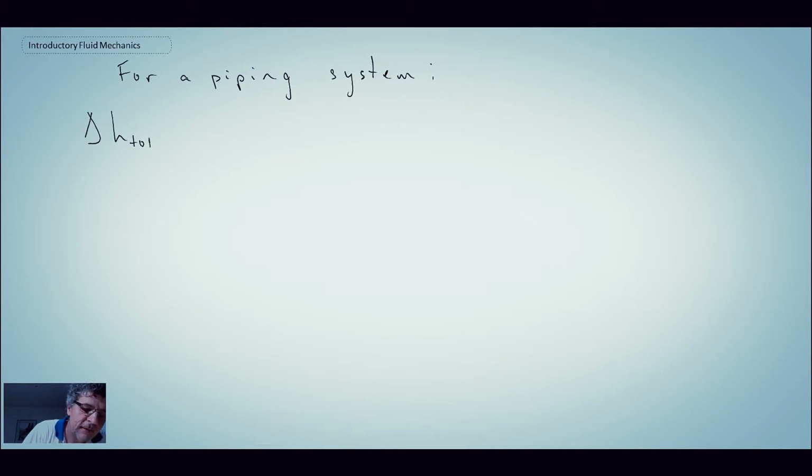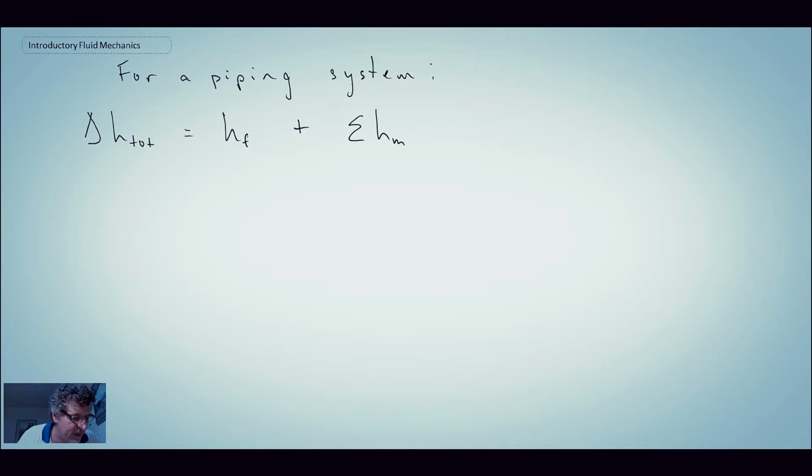So for a typical piping system, you can have total head loss, and that is going to be associated with the frictional losses that we've seen. So Colebrook-White and the friction factor, as well as the Darcy-Weisbach equation for turbulent flow, or the relation for laminar flow. Plus, what we do is we sum up all of the minor losses that might exist within a piping network or within a piping system. So you might have a number of valves and flanges and things like that.